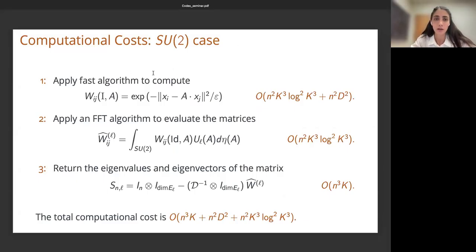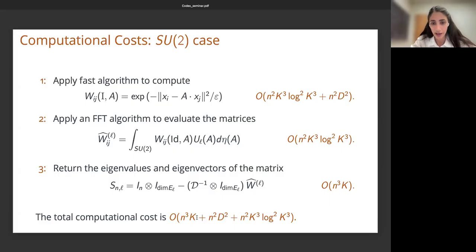In this case, the total computational cost is of the order of NK and D squared, where remember N is the number of data points, and D is the Euclidean dimension of our data points.